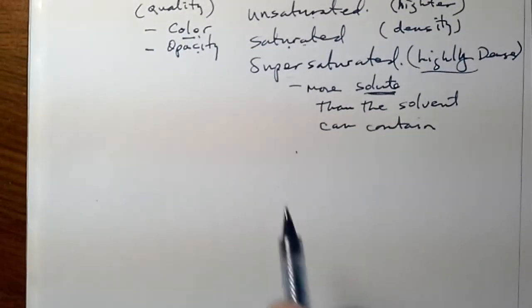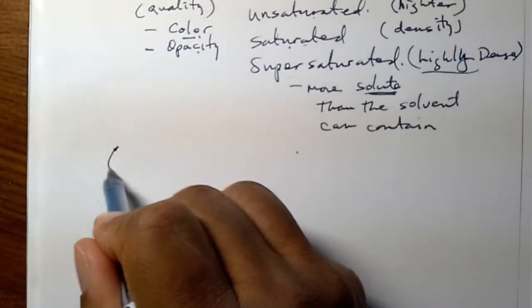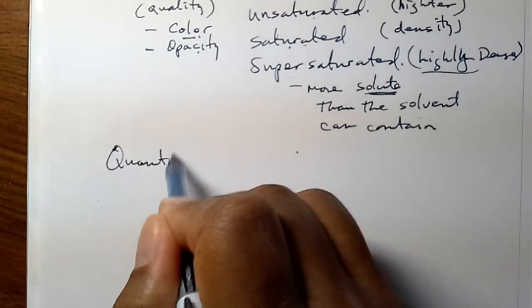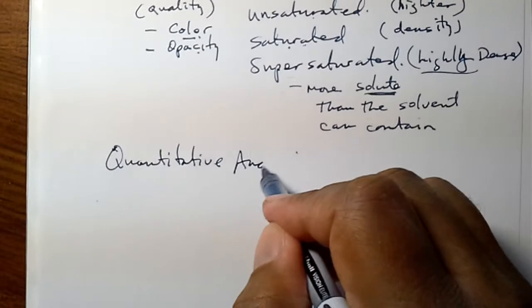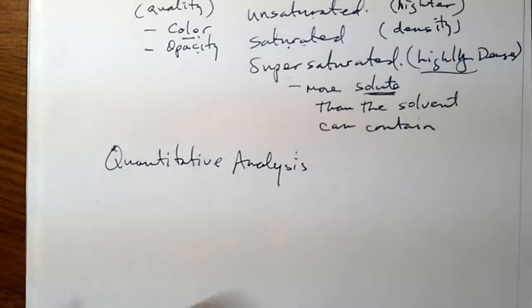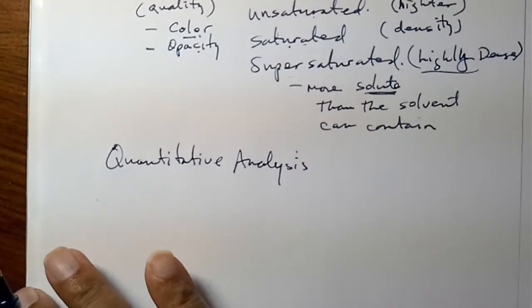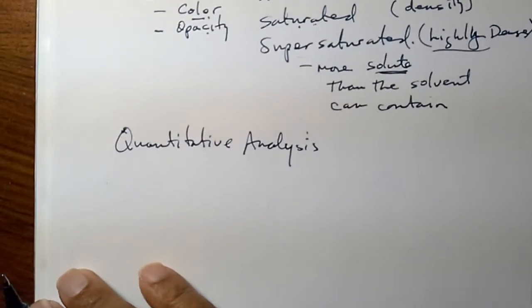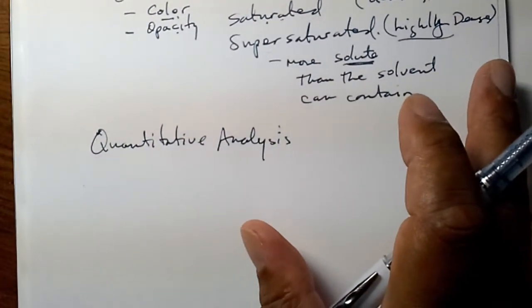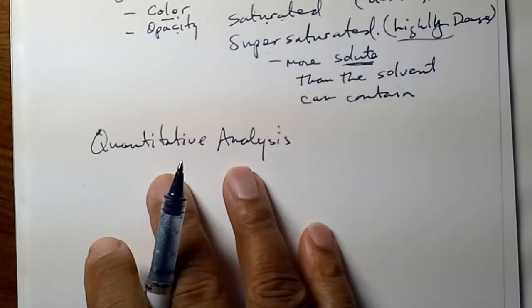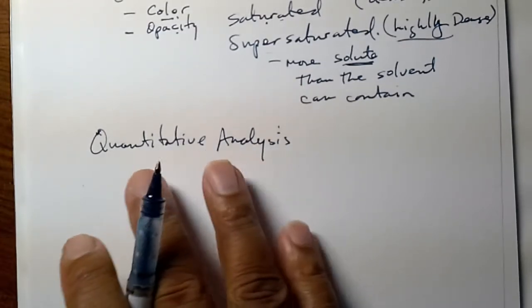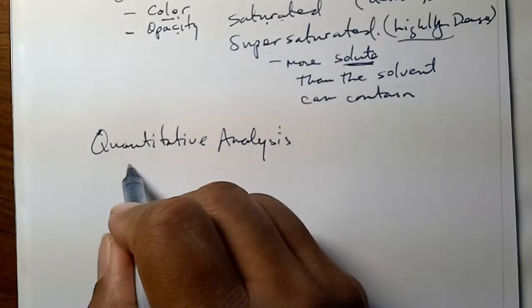Well, qualitative analysis is good, but quantitative analysis will give us more information about the solution that we made. And so most of the calculations that we do will be quantitative in nature.